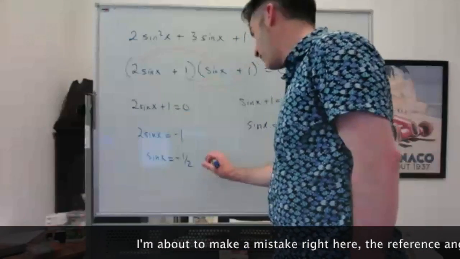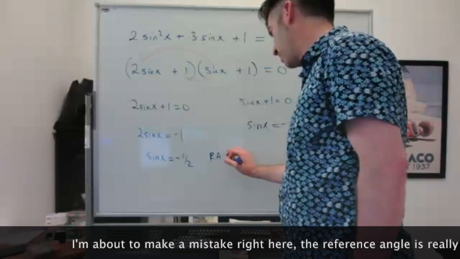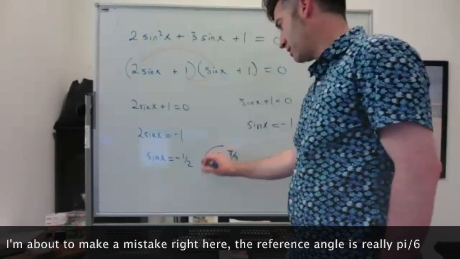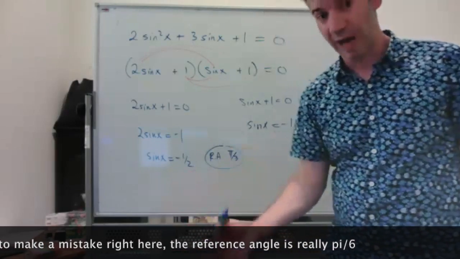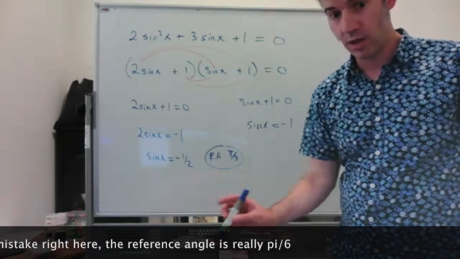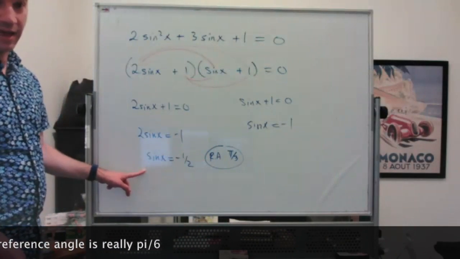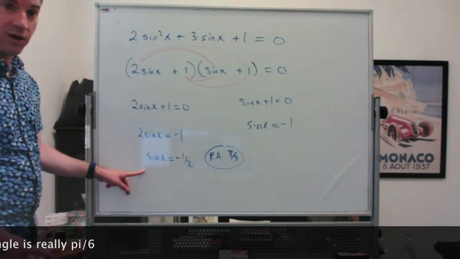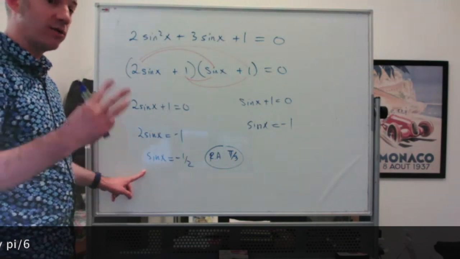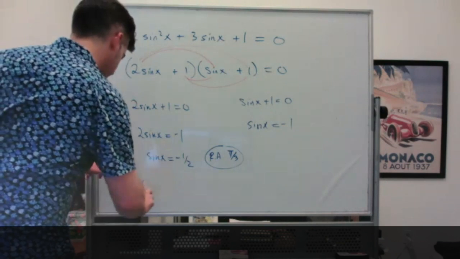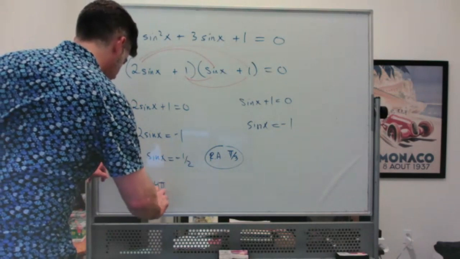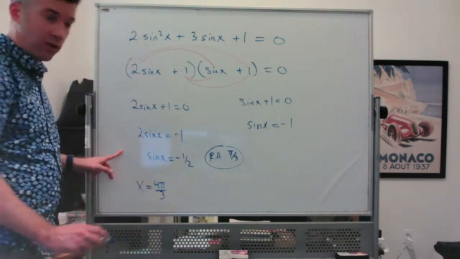So for this one, sine of x equals -1/2. Well, I know the reference angle is pi over 3, because I know that sine of pi over 3 is 1/2. So I need my actual angles to be in the quadrants where sine is negative, which is quadrant 3 and quadrant 4.